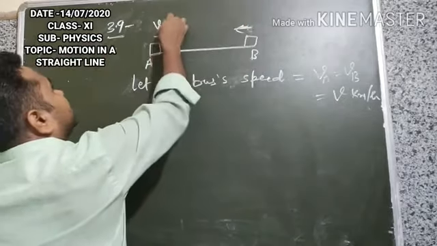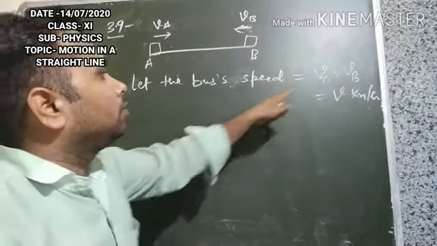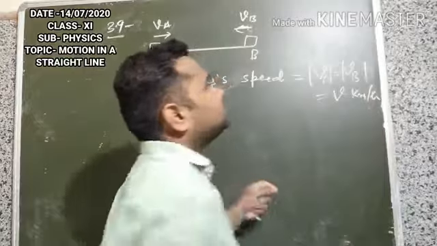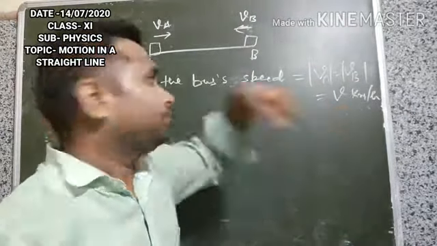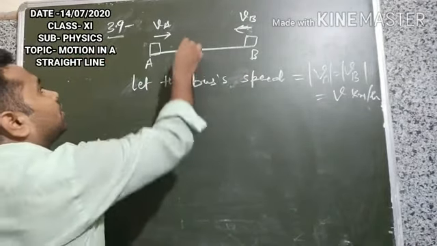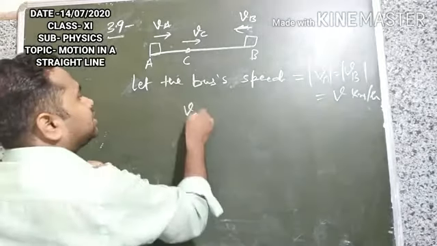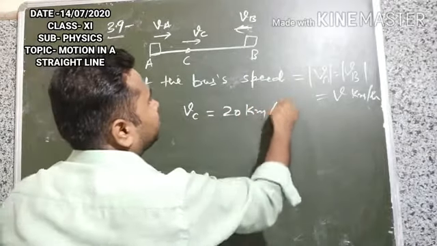This is VA and this is VB. Both have the same magnitudes only. You can mark here the mod, modulus, means the magnitude of the velocity, that is speed. And also here there is a cyclist C moving with velocity Vc, where Vc is given, that is 20 km per hour.